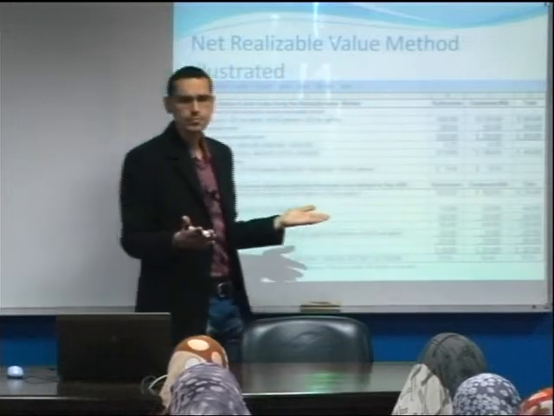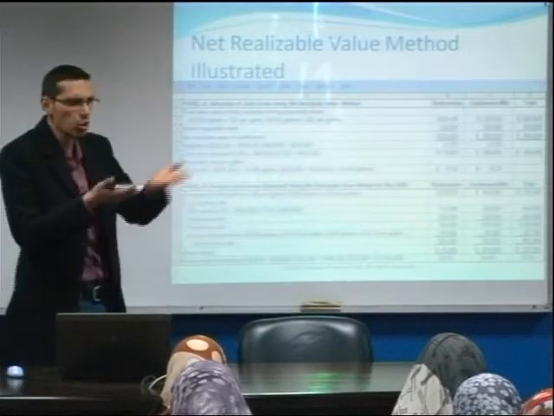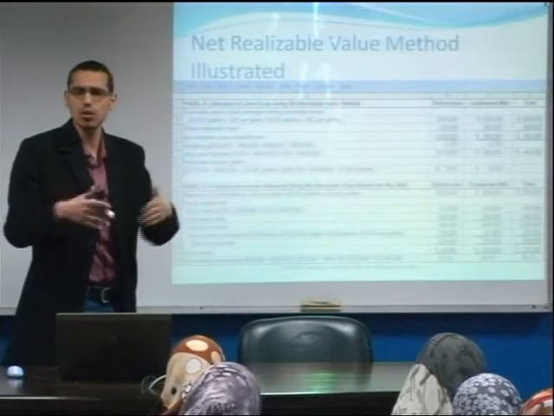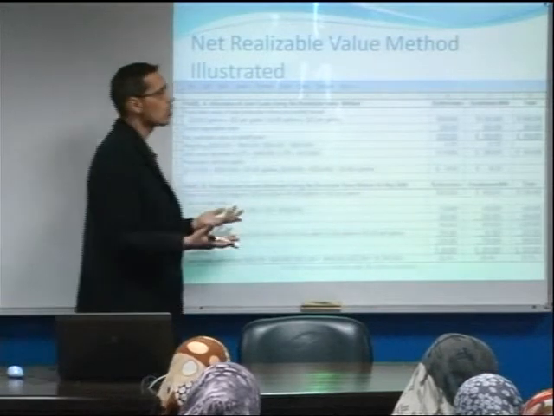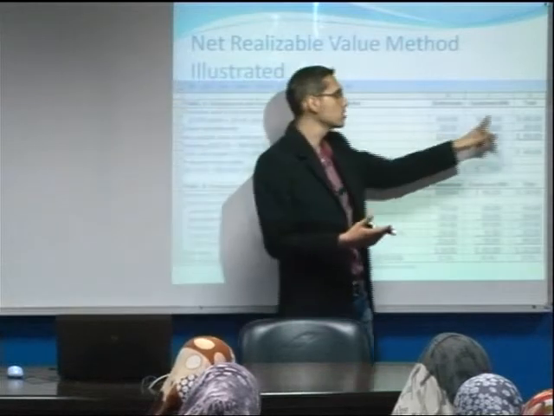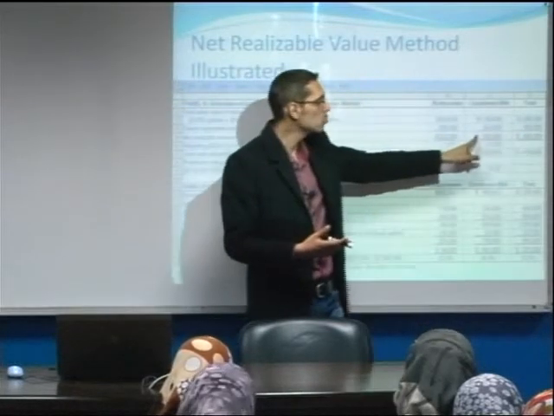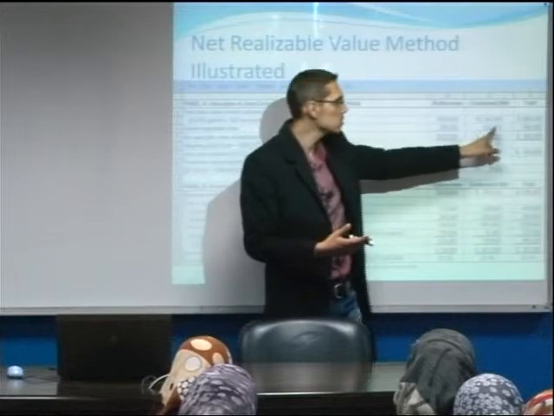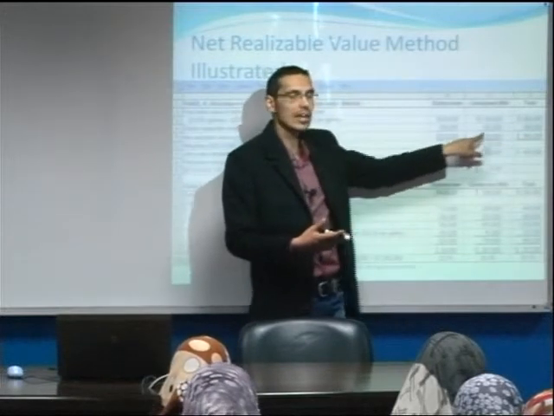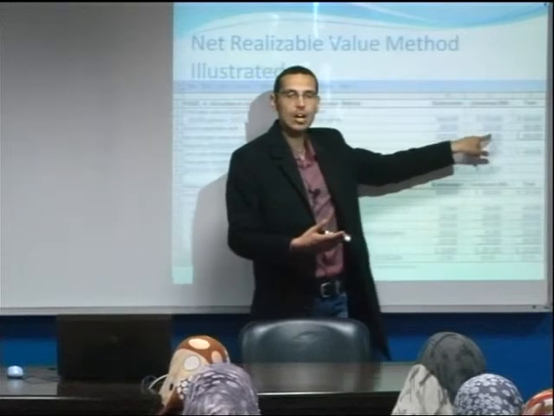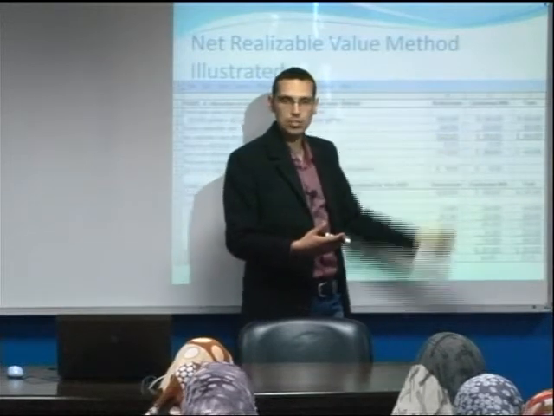Now, we need to use these values of the NRV in order to calculate the percentages of the different products. Therefore, we would divide the 220,000 by 800,000, and we would divide the 580,000 by 800,000 in order to calculate the percentages of the different products that we have.